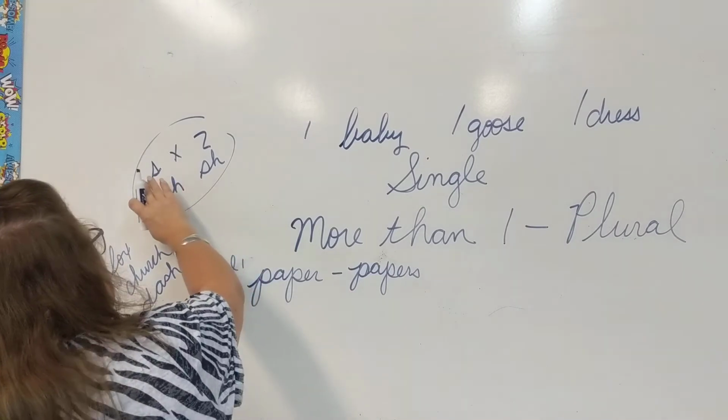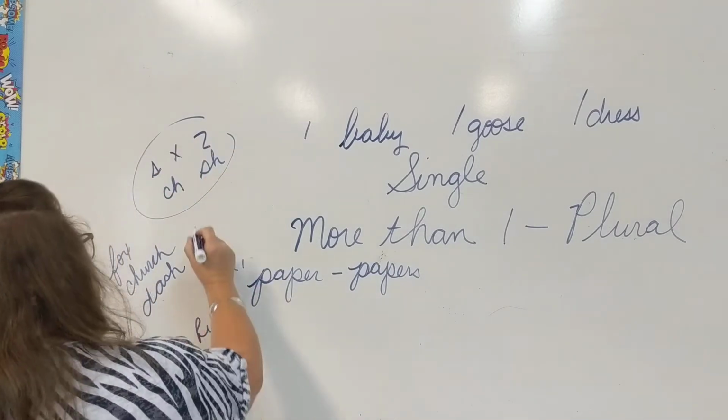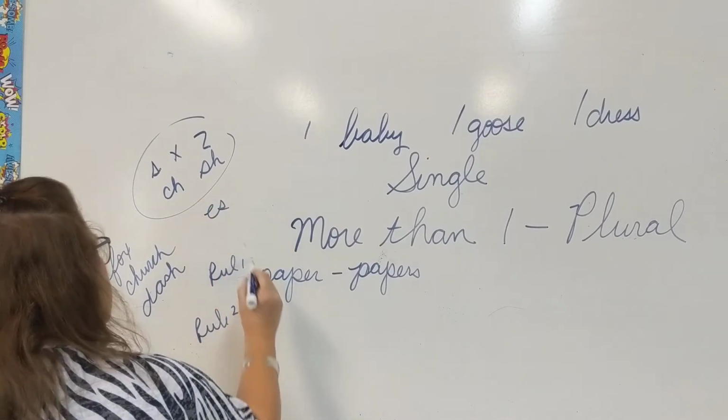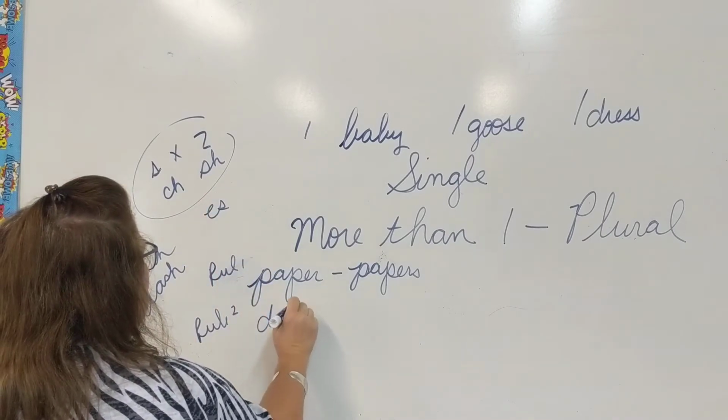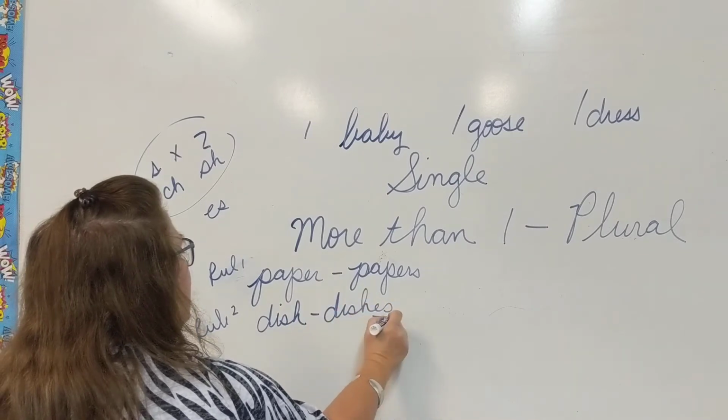Any of these words that end with S or X or Z or CH or SH, we make them plural by adding an ES. So if we have the word dish, we make it plural by saying dishes.